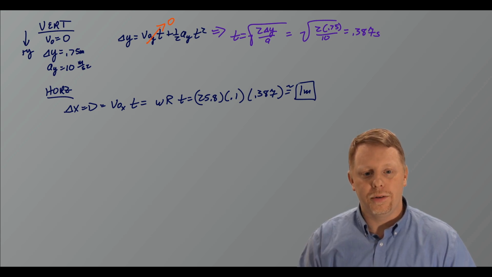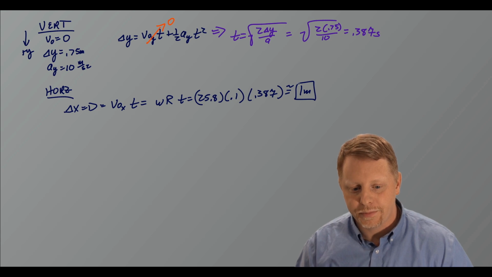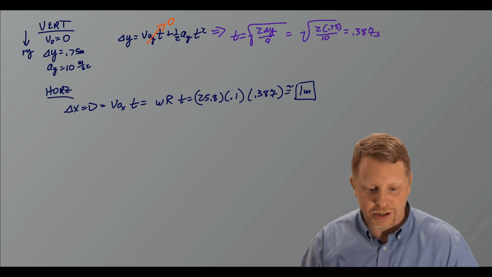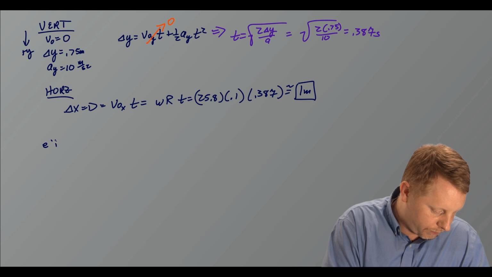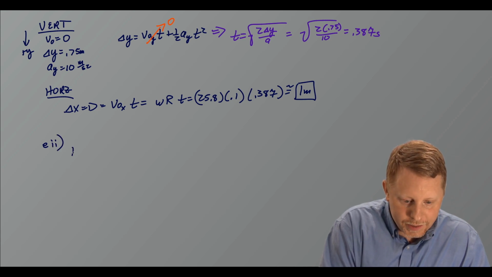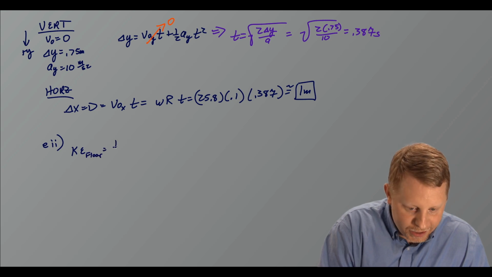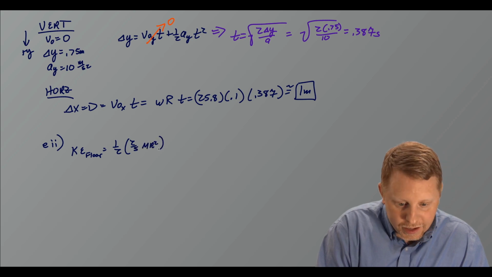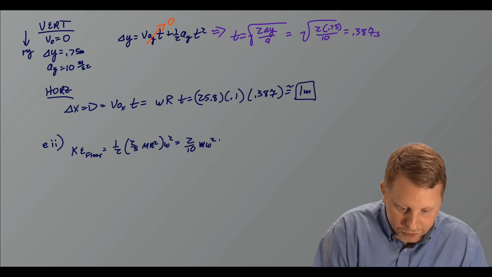Part E2, though, now we're getting into it, is the rotational kinetic energy of the sphere greater than, less than, or equal to the rotational kinetic energy of the cylinder? Well, here, if we take a look at the rotational kinetic energy of the sphere when it's at the floor, so this would be E2, that's going to be, for the sphere, 1/2 I omega squared, but I now is 2/5 mr squared times omega squared, so that's going to be 2/10 m omega squared r squared.